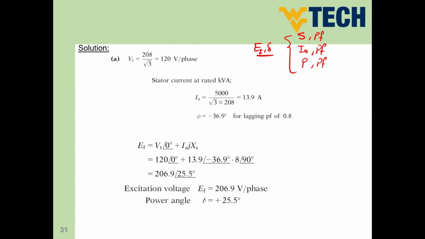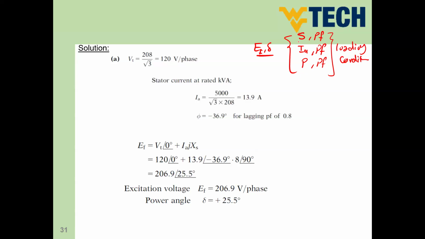So again, in order to calculate EF and delta, you have to have the data of one of these three cases, which by the end means this is a loading condition. So this is the loading condition. Here in our question, we have S and power factor.